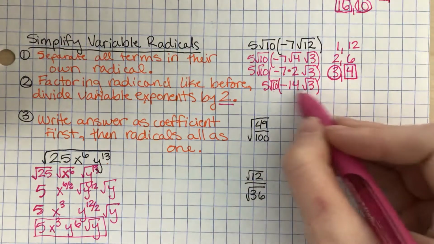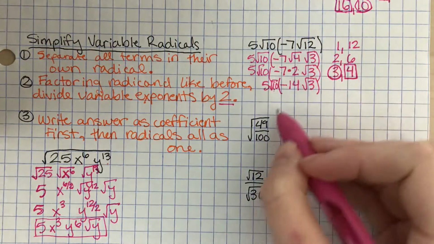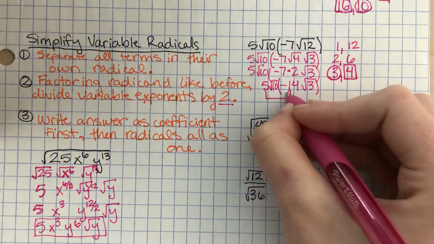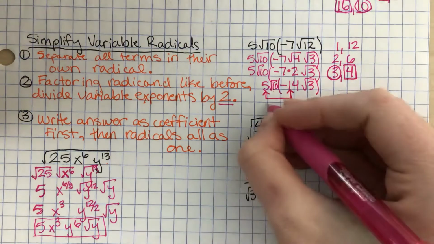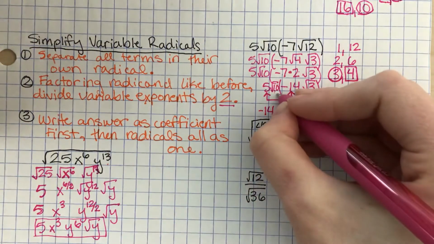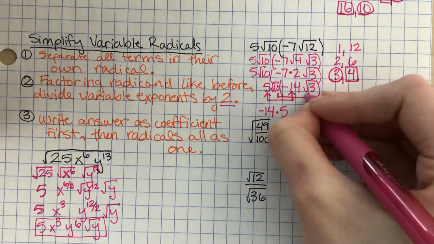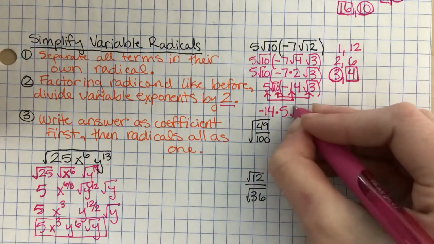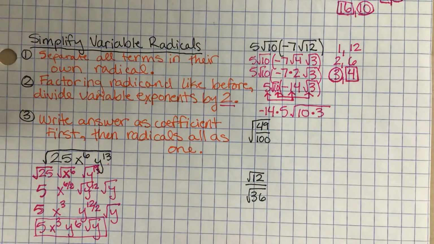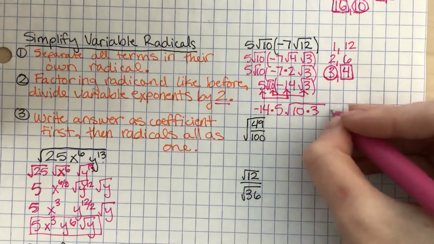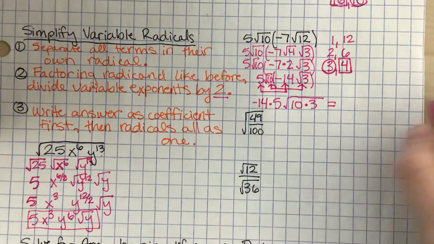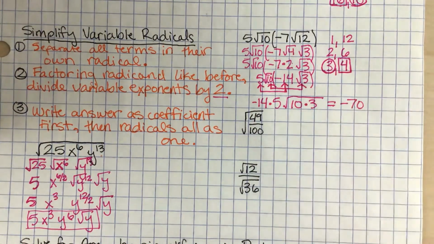Now, when we multiply these two things together, we've just been simplifying so far, I want to multiply my coefficients, my numbers out front together. Those two get multiplied together, so I get -14 times 5. And then I take my 10 and my 3. They're both in the square root, so they're both going to be in the square root still, but we're multiplying those two numbers together. Still the same idea. Now, when I take -14 times 5, I'm going to get -70.